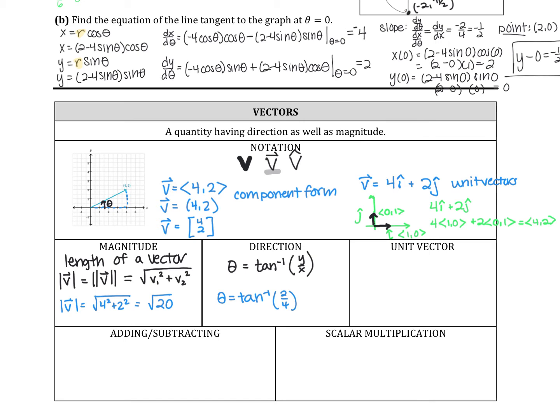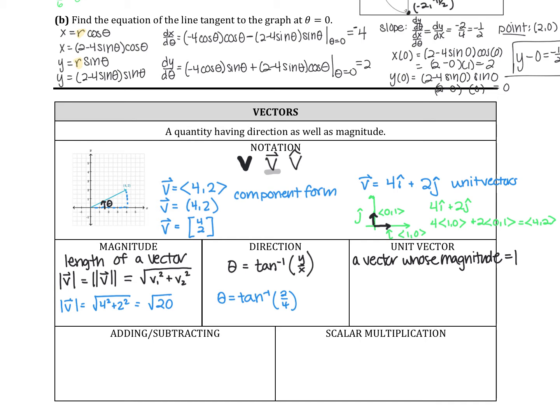All right, a unit vector. A unit vector is a vector whose magnitude, or length, equals 1. So a unit vector is a vector whose magnitude or length is 1.